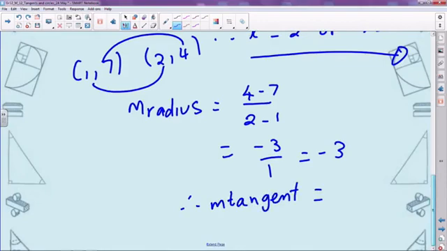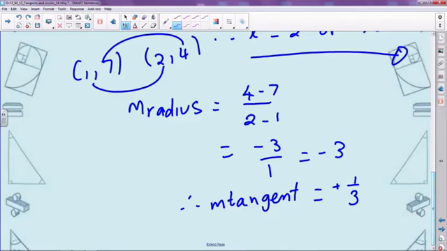So the gradient of the tangent is going to be 1 over 3 with the opposite sign, so positive 1 over 3. All right, so hopefully all of you got to that same point, but remember the important thing is the method. So if your method was correct and you made a few careless mistakes, that's okay. The important thing is that you understand the concept and how to work out the gradient of the tangent.